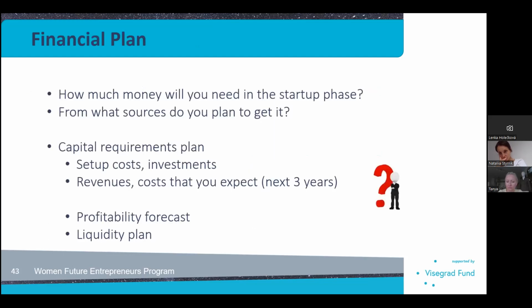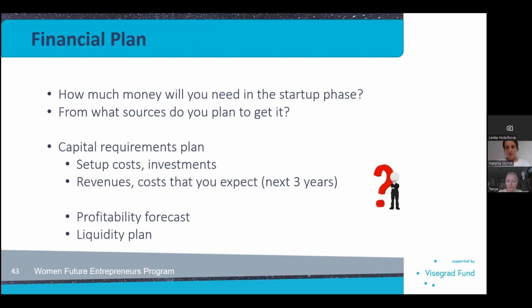So what we need to know regarding our financial plan is how much money we need in the startup phase at the very beginning of our business, which is also called starting capital. And we don't need any revenues in this phase. So it's necessary to think about these sources.